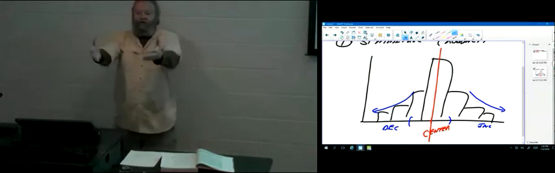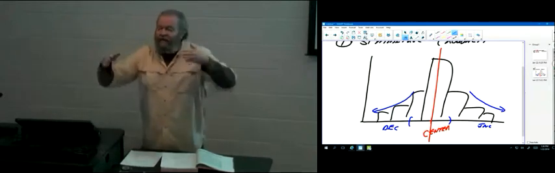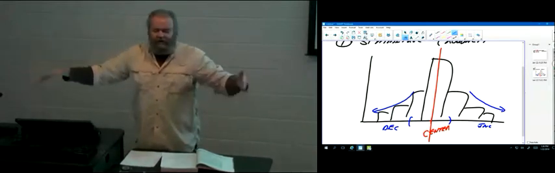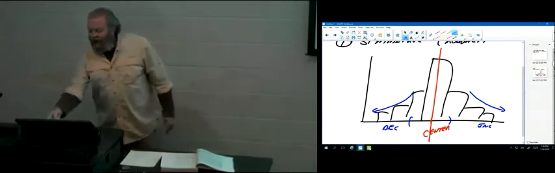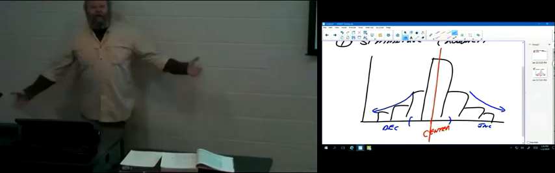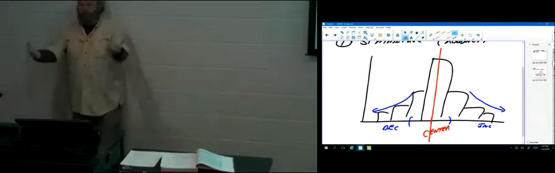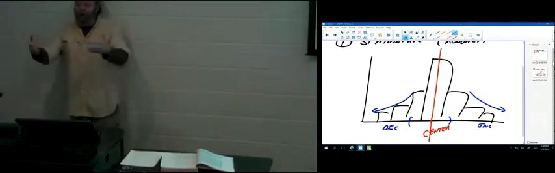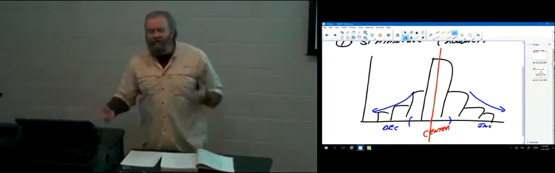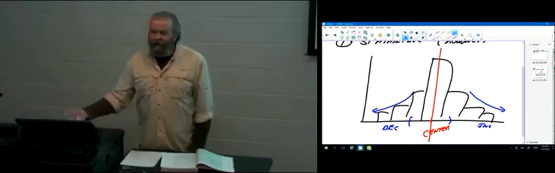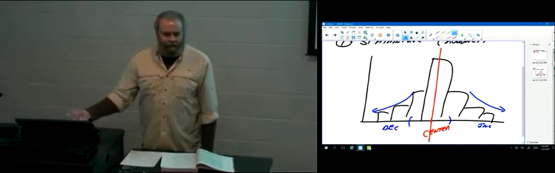The majority of them are sitting in the middle. So all that I have there in blue is telling you about the distribution, right? The majority of them are in the middle, and as I increase or decrease, there's fewer and fewer of them. That's roughly symmetric. You ask me to draw you something that's roughly symmetric, that's the one I'm going to draw you every time. Okay?